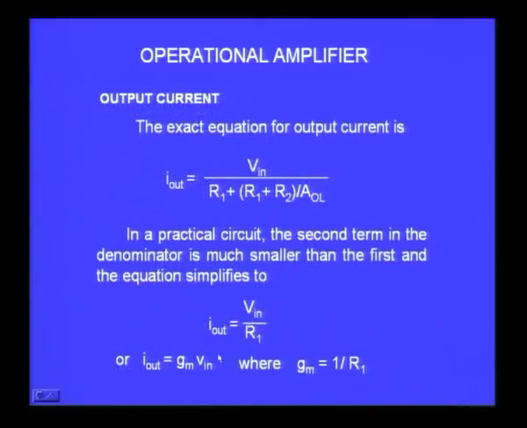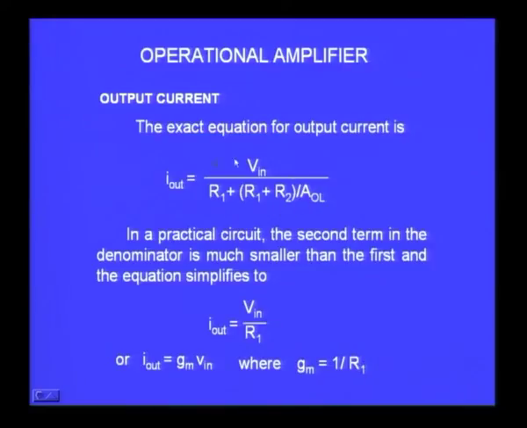So I output is equal to V in divided by R1 is the corresponding thing, and the input output relationship is I output by V in is equal to 1 by R1, as you can see from this equation, and 1 by R1 is nothing but a conductance, inverse of resistance is conductance, and therefore I output is equal to Gm into V in, where Gm is the transconductance, and therefore this amplifier is also called a transconductance amplifier, and in this case Gm is actually 1 by R1.